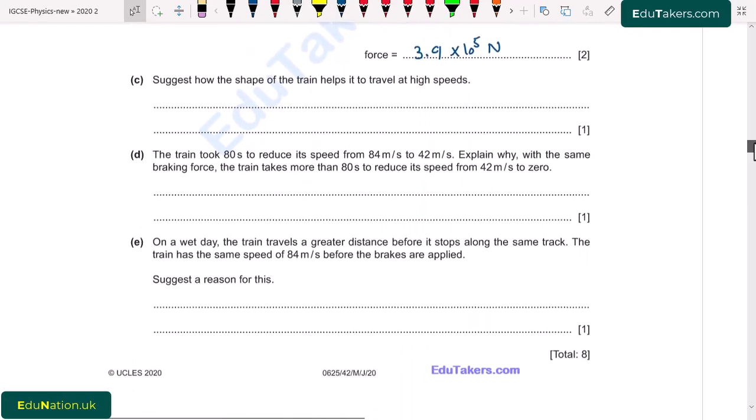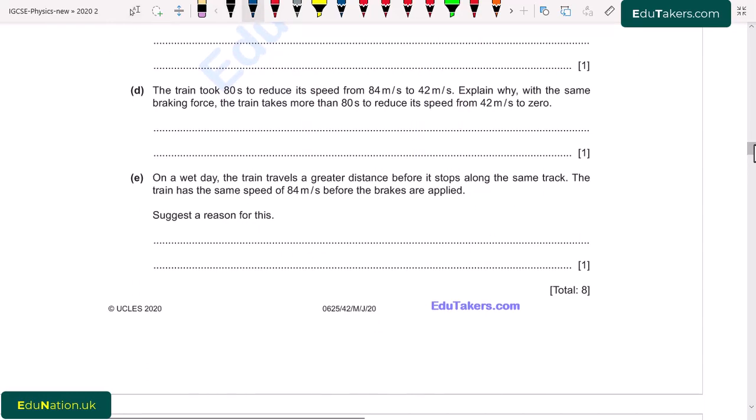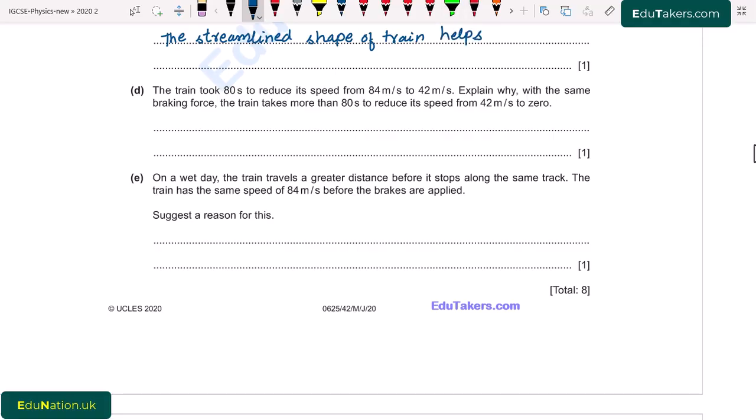So I write here the streamlined shape of train helps in reducing air resistance experienced by train.